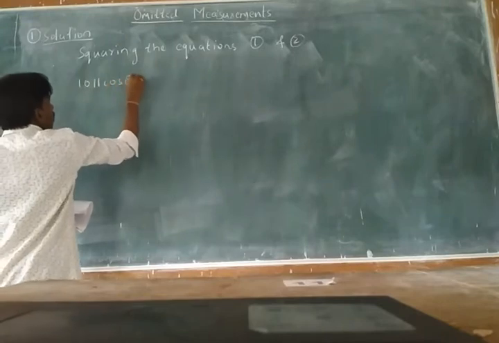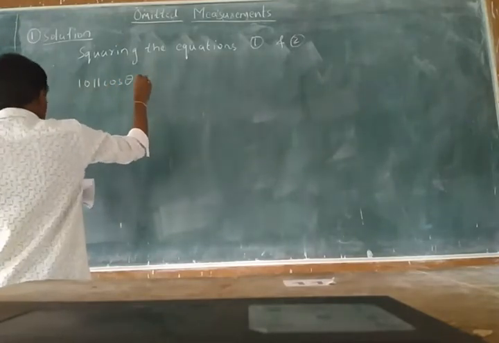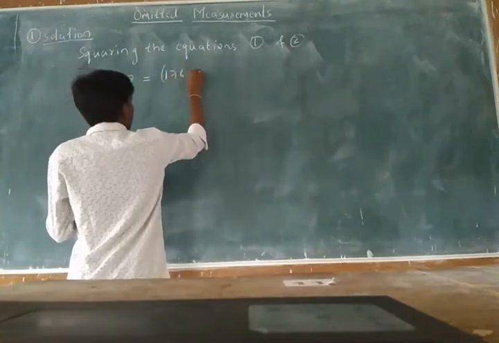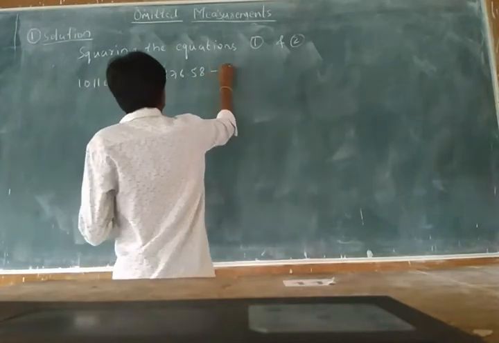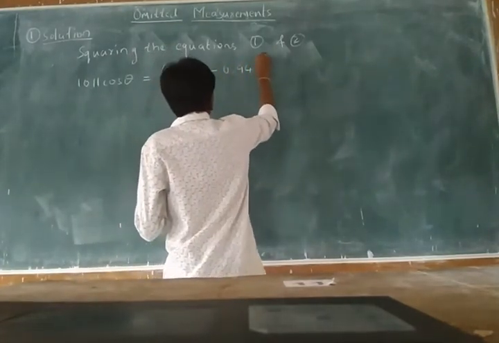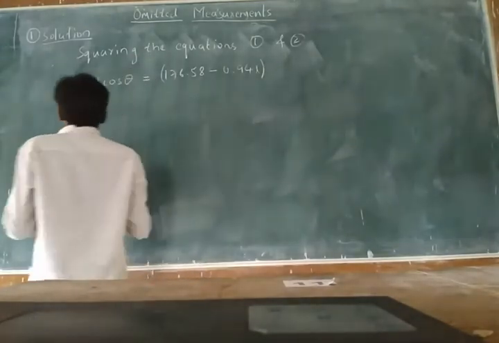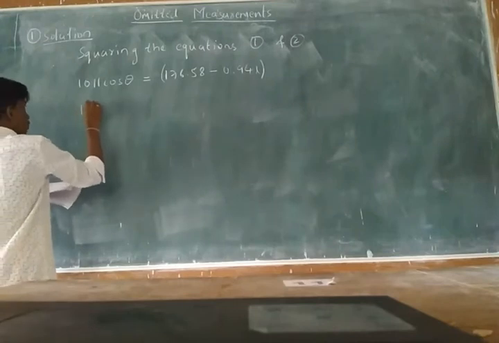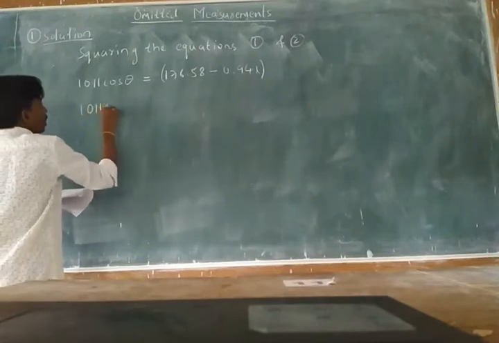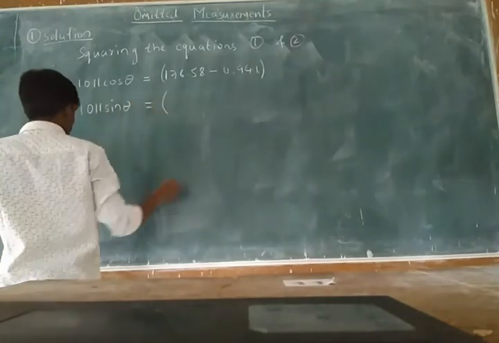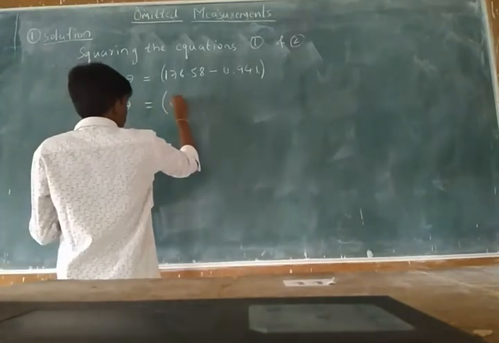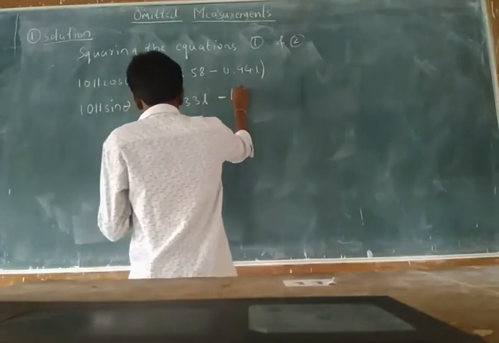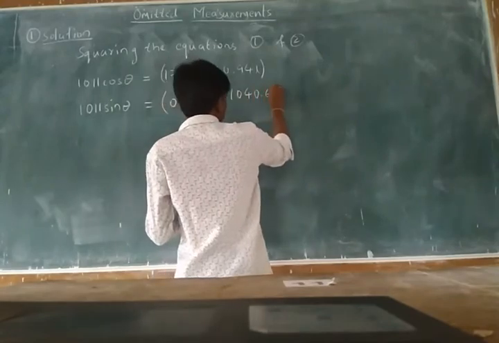The first equation was 1011 cos theta is equal to 176.58 minus 0.94L. So this was the first equation, and the second equation was 1011 sin theta, that is equal to 0.33L minus 1040.61.